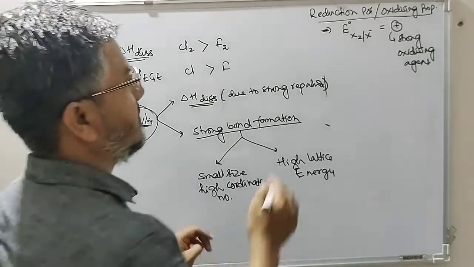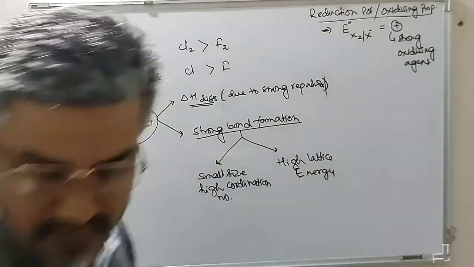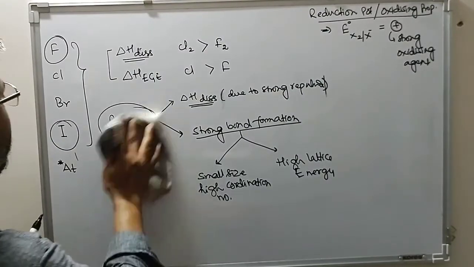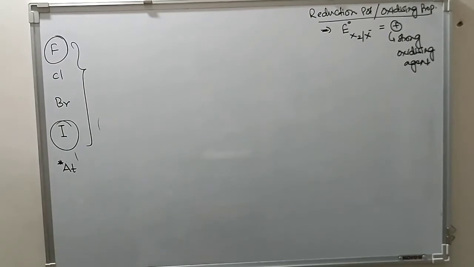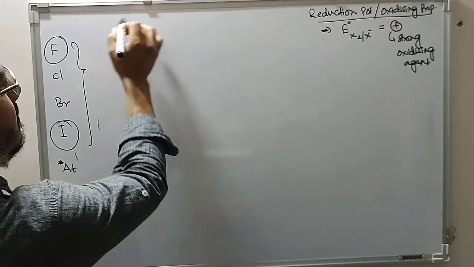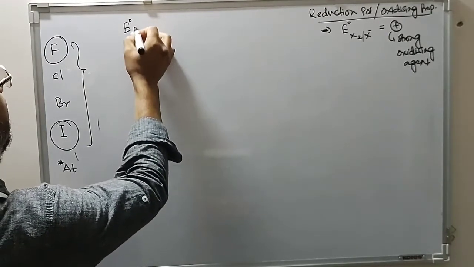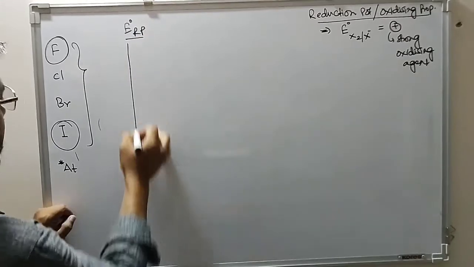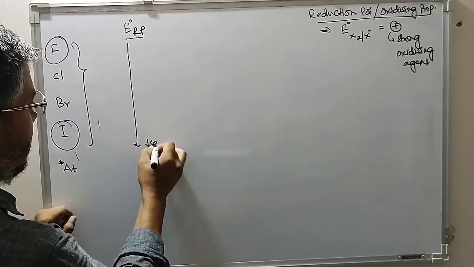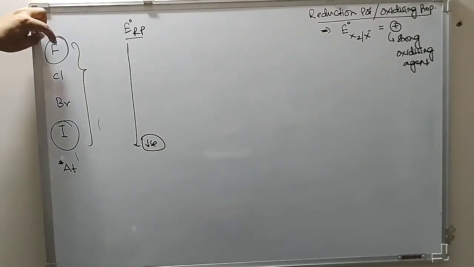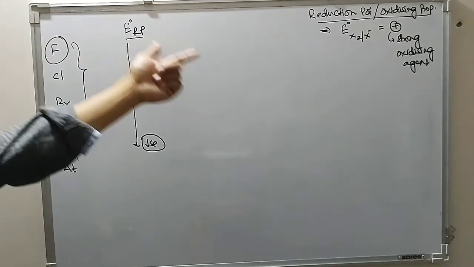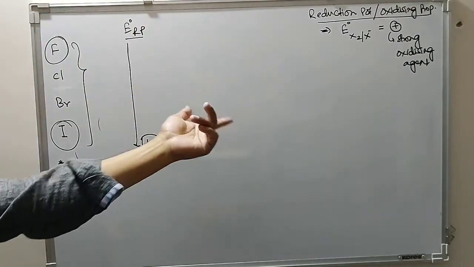But if you look at this, moving from fluorine to iodine, the standard reduction potential decreases down the group. So the standard reduction potential of fluorine, being the largest positive, makes it the strongest oxidizing agent.